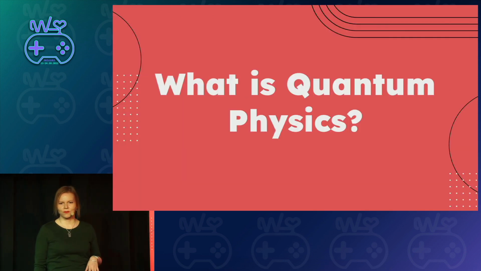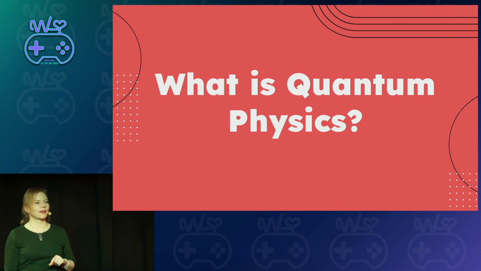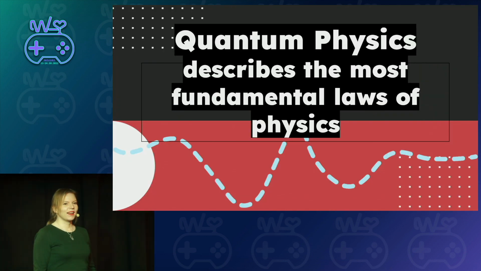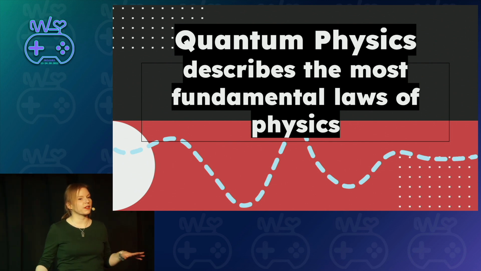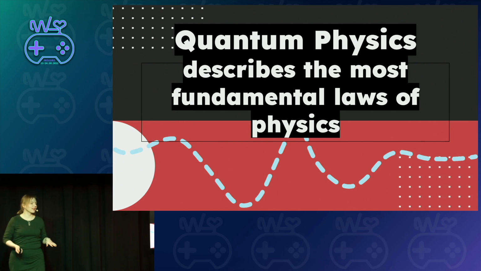So, quantum. What is quantum physics? I'm giving you a short, real introduction to this. So after this talk, you're able to go and say, yeah, I know what quantum physics is. Quantum physics is a theory that describes the most fundamental laws of all physics anywhere, ever.